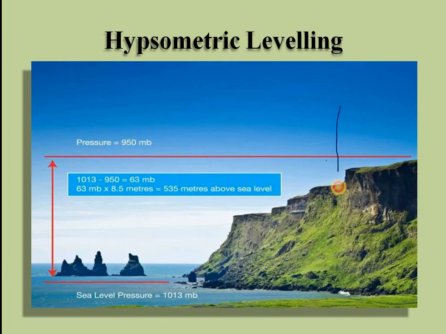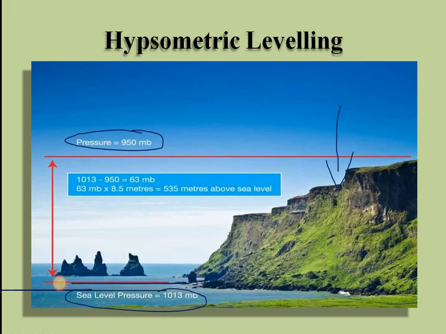So this is a mountain, a hill. You can see here the pressure is equal to 950 MB. This is sea level, where pressure is 1013 MB, and this is the natural ground level of the soil or hill. You can see the red color line.